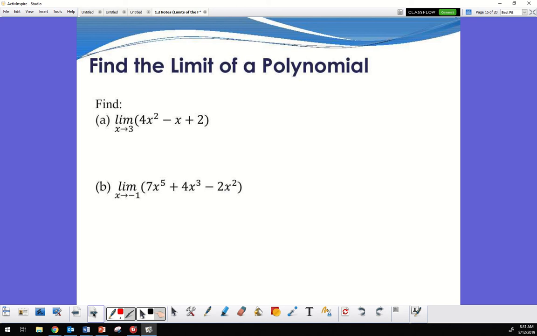All right, there's that polynomial function. Is there a restriction on my domain? No. There is no restriction. Okay, so we get to plug in. That's going to be 3 squared is 9, times 4 is 36, minus 3 plus 2. So my answer is 35.